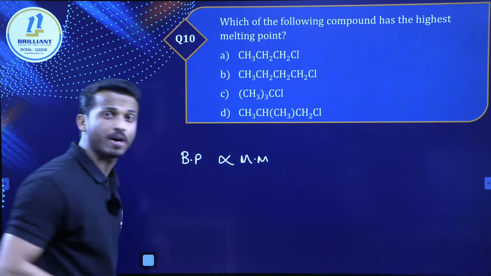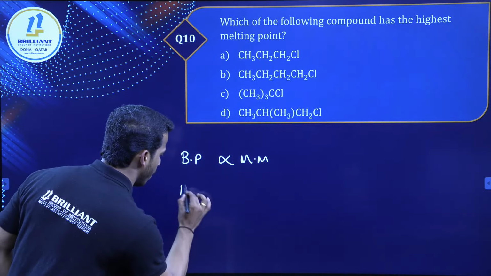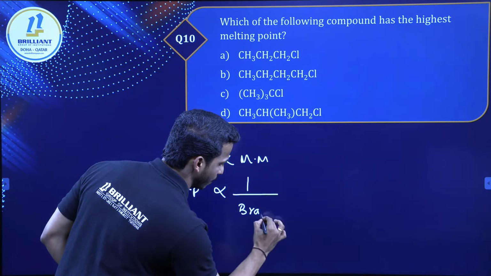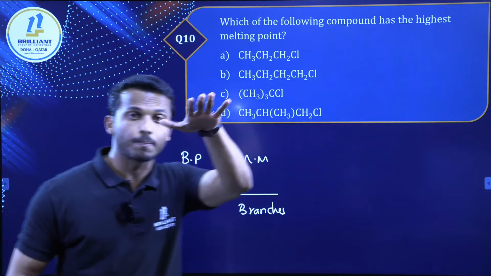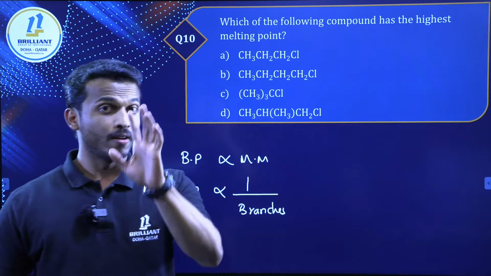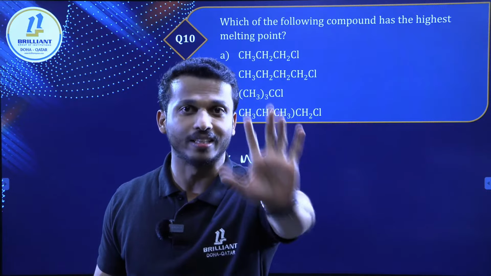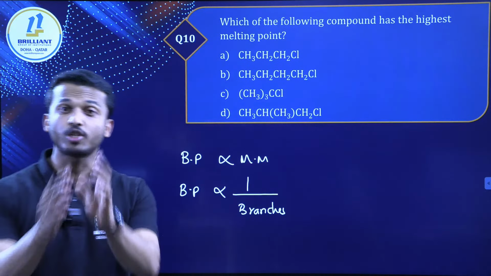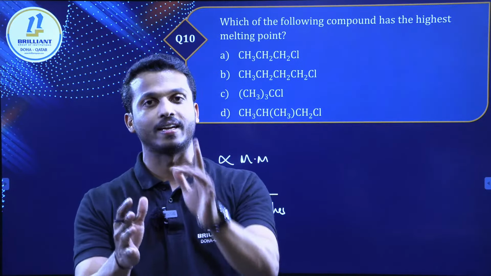As the molecular mass increases, boiling point increases. And boiling point is inversely proportional to number of branches. So as the branches increase, boiling point decreases. Again I am repeating, please don't go to the branches immediately. First you check their molecular mass. Which one having highest molecular mass, their boiling point is greater first.